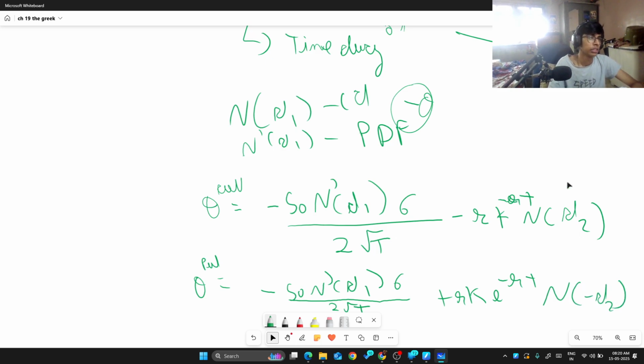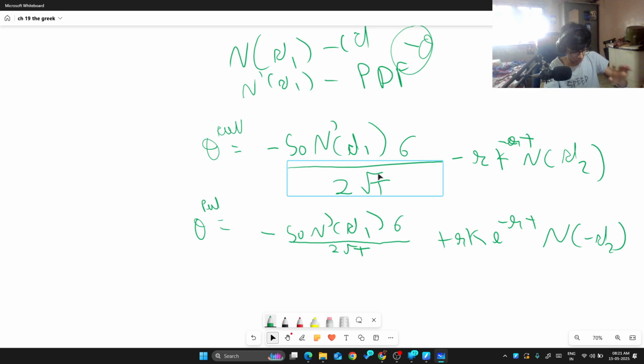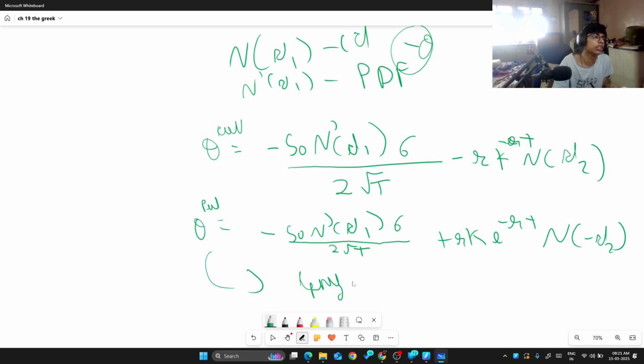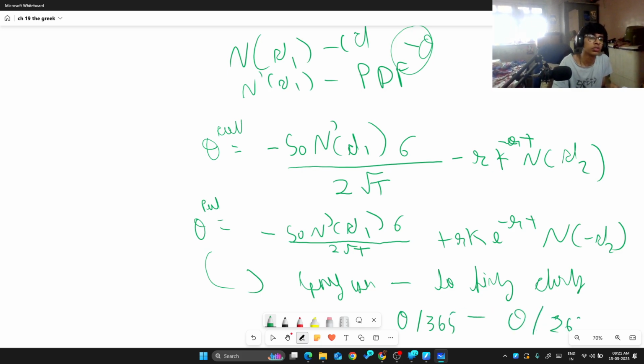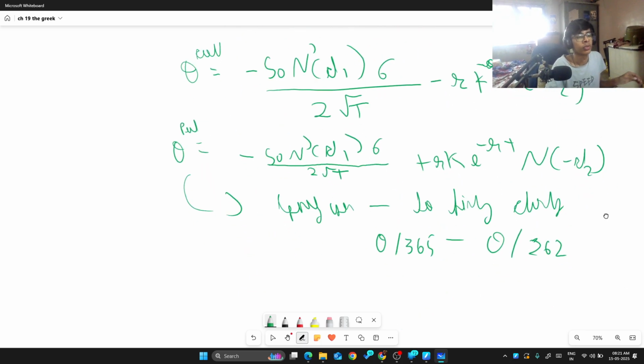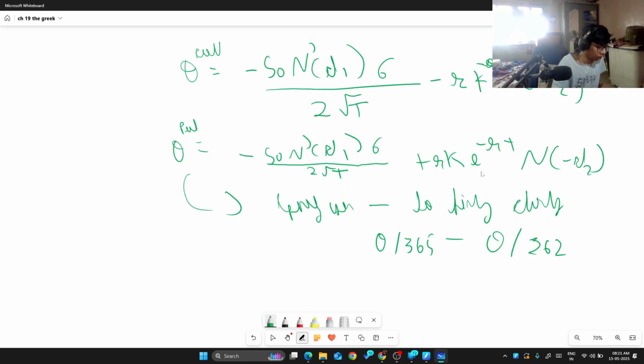And in this way you can find the theta value, and the theta is generally in years. So to find the daily theta value, we divide theta by 365, or by the trading days, 252.